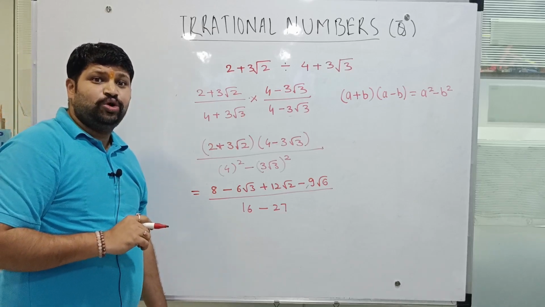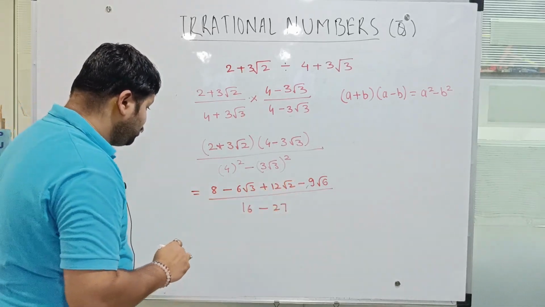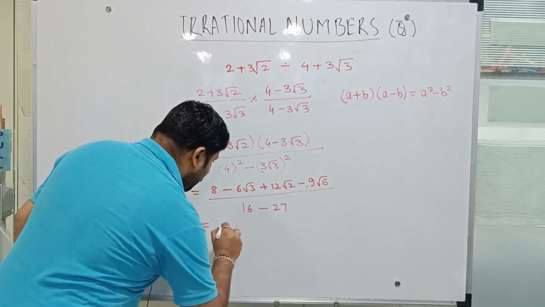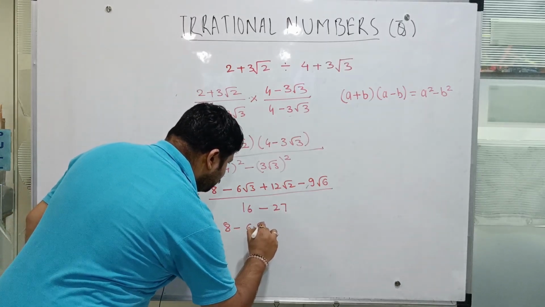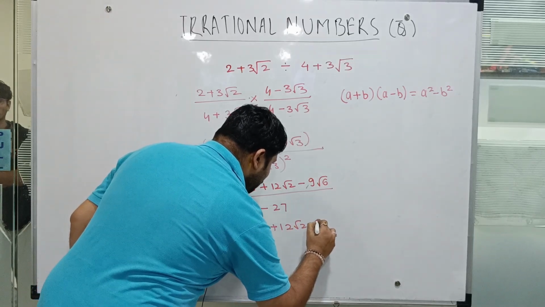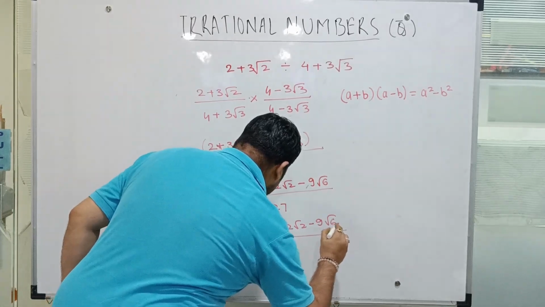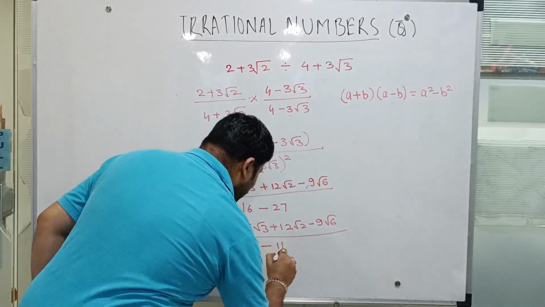Now let's go ahead with the next part. So we would separate them out. So it would come to be 8 minus 6 root 3 plus 12 root 2 minus 9 root 6, the whole thing divided by minus 11.